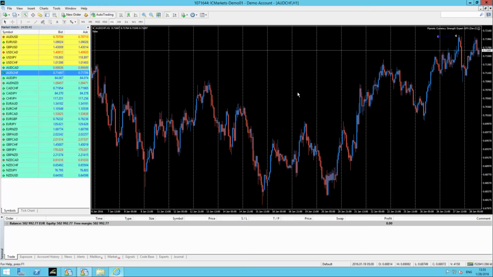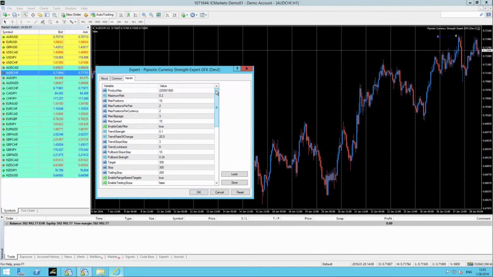If we have a look at some of the parameters here, you can see that I'm defining risk. Today I set this up to 0.2%, and I've set it to trade a maximum of 10 positions. Here we have max positions per pair, and so I'm allowing the robot to trade 2 positions on the same pair.